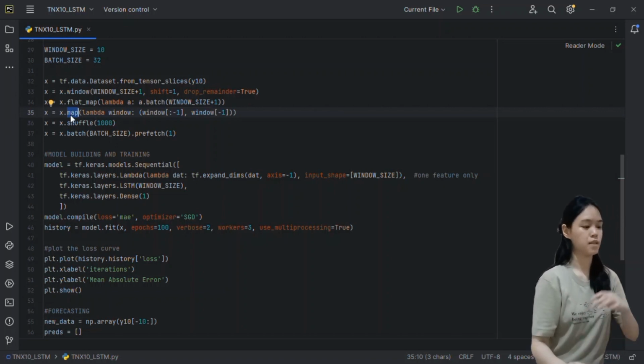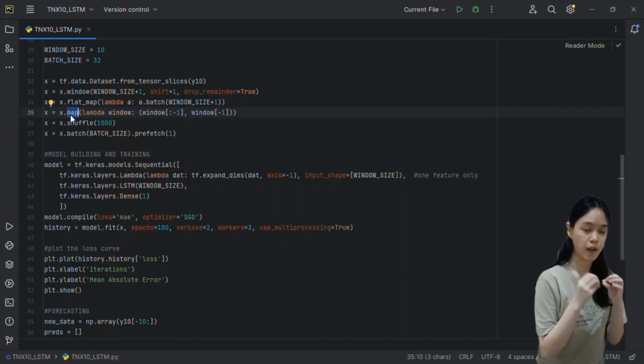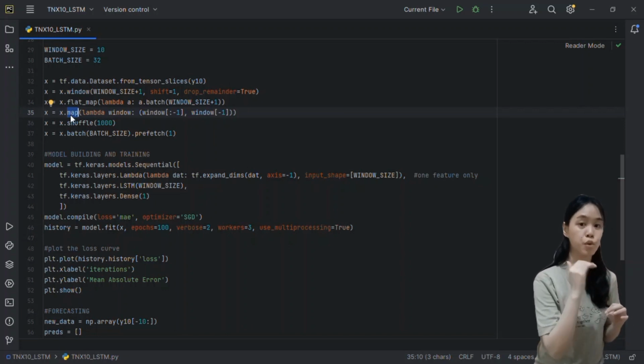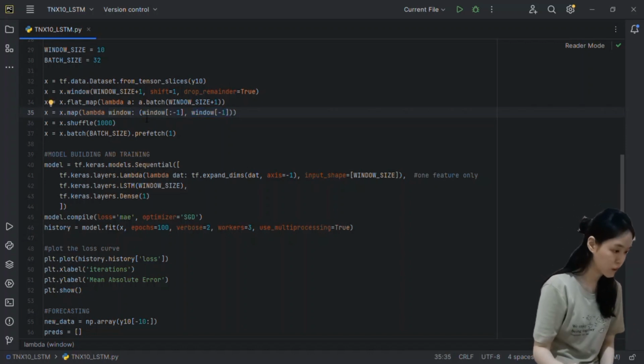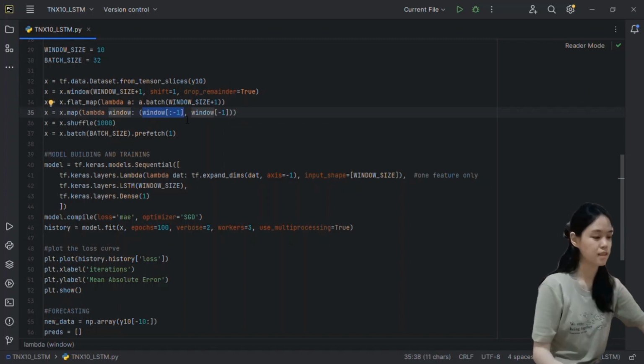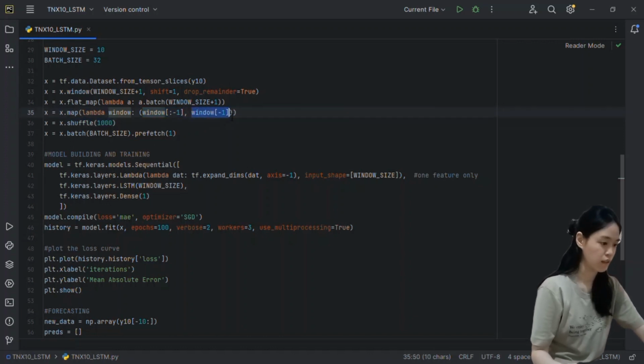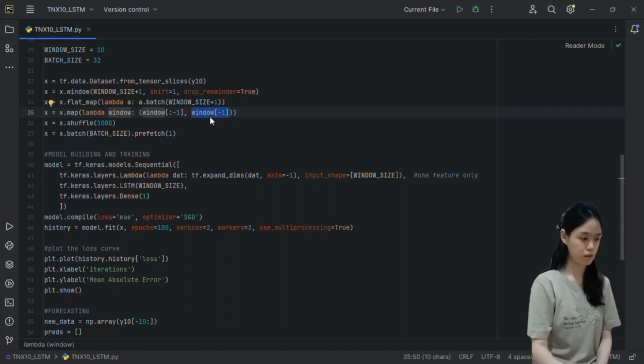Map is actually applying a certain function to each row of our dataset, across the elements of this dataset. Elements in this case are the rows. So on each row, we take the input, the first 10 values, and then the last value as our output.